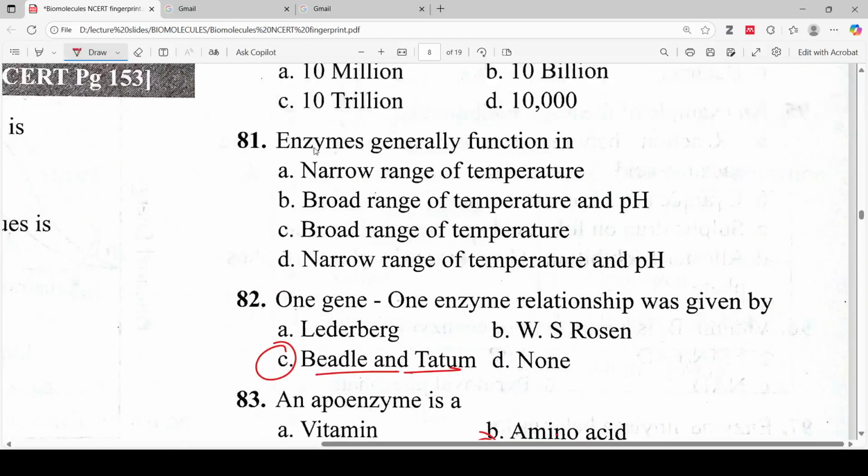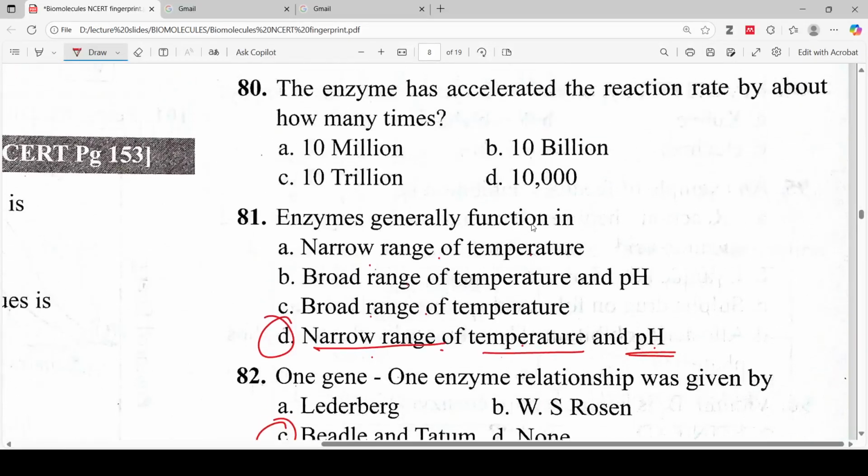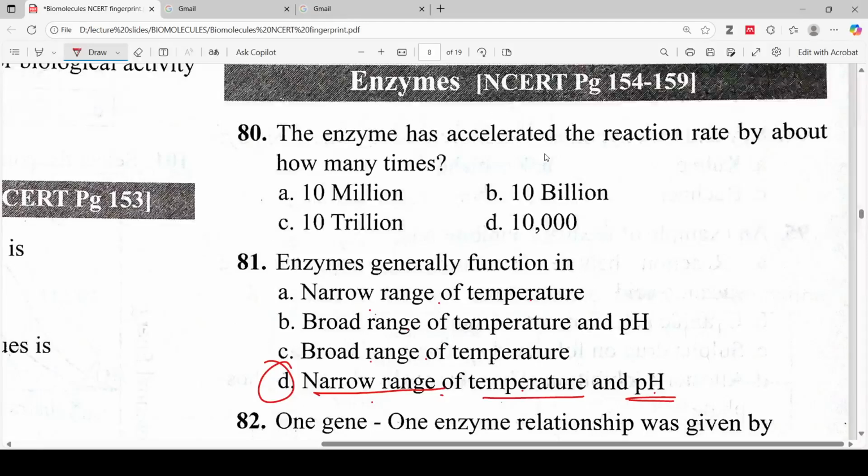So next question. Enzymes generally function in a narrow range of temperature, a broad range of temperature, and pH; or a broad range of temperature, a narrow range of temperature, and pH. So here the correct answer will be option D, a narrow range of temperature and pH will be the correct answer for this question. How many times does an enzyme accelerate the reaction rate?